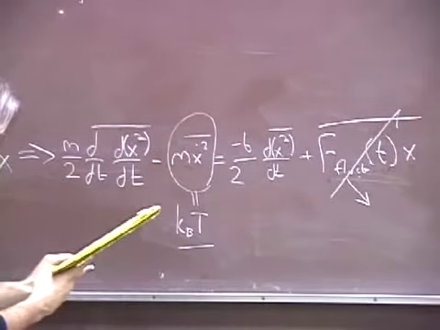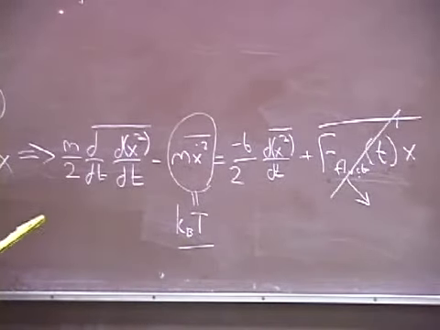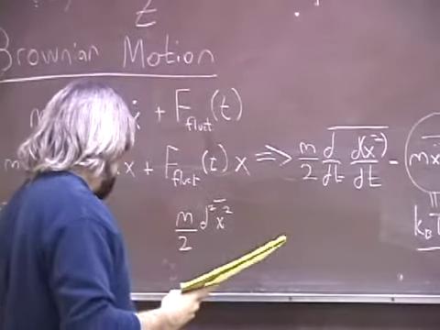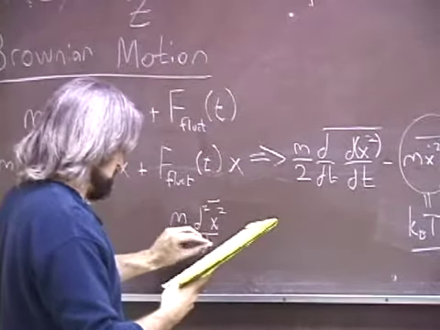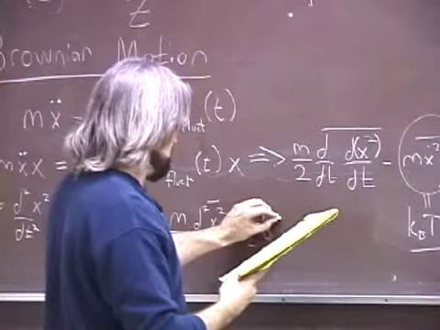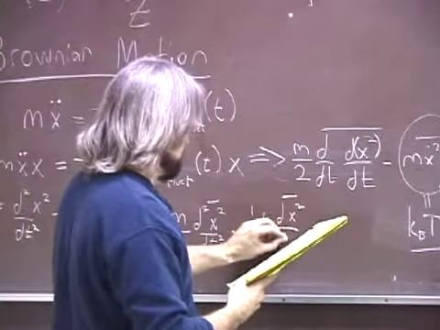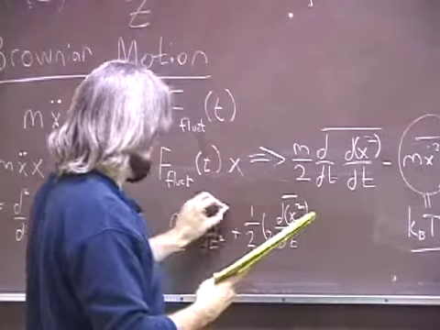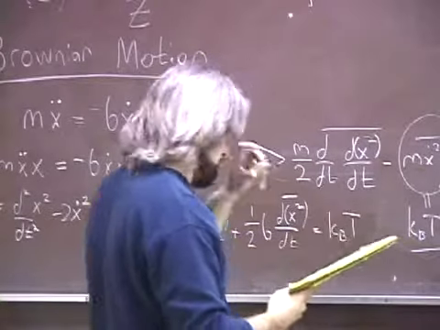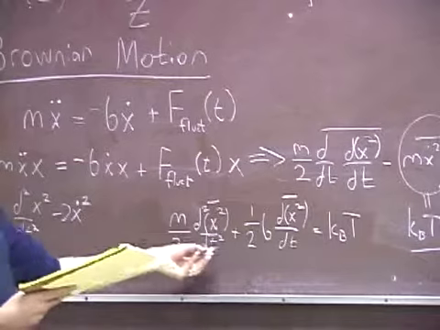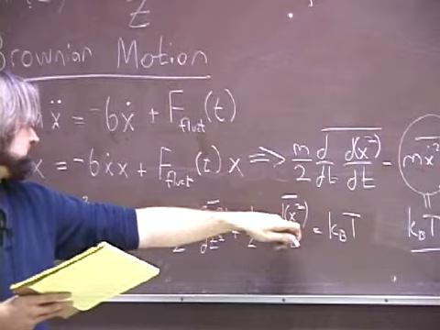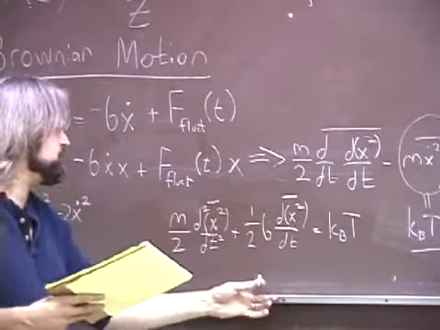This leaves us with the following fairly simple equation. And we can solve this equation, which is now simply just a velocity damping classical equation.